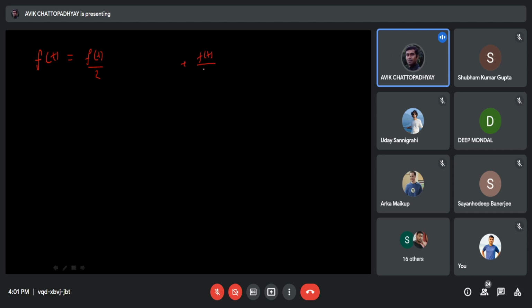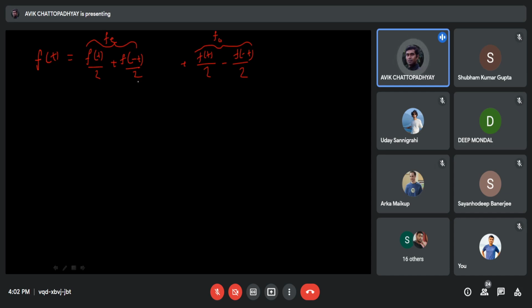F(-t) divided by 2, same thing. And you can add and subtract this thing, and this first term is going to give you the even part of the signal, which is called f of e, the even part, and this term is going to give you the odd part, which is called f of o, the odd part.